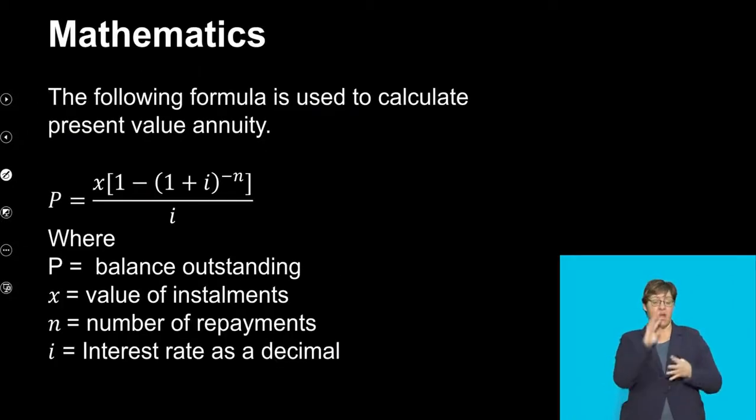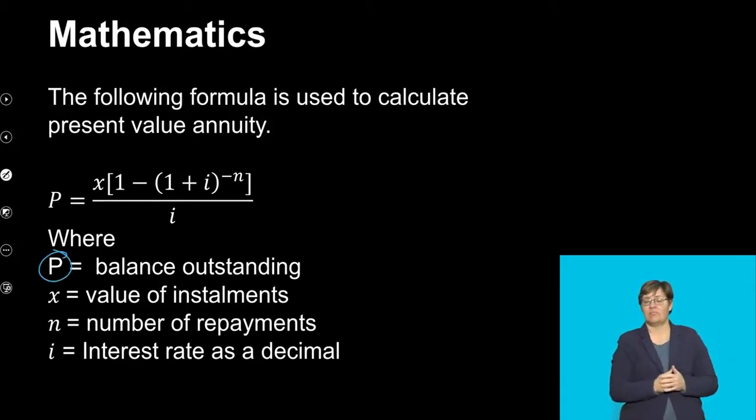The formula that we use to calculate the present value annuity is normally P equals X into 1 minus open bracket 1 plus i all to the exponent of minus n, divided by i. You don't need to memorize or cram this formula, you just need to know when to use it because it is there in the information sheet.